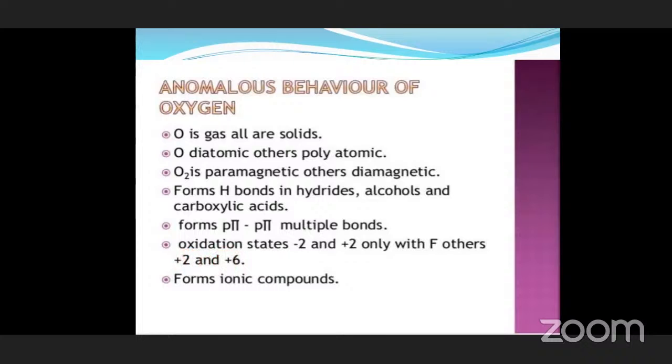This is about the special properties of the anomalous behavior of oxygen. Oxygen also always forms ionic compounds, and it is more electronegative and smaller in size. Due to all these reasons, oxygen shows anomalous, special or abnormal properties in the oxygen family.